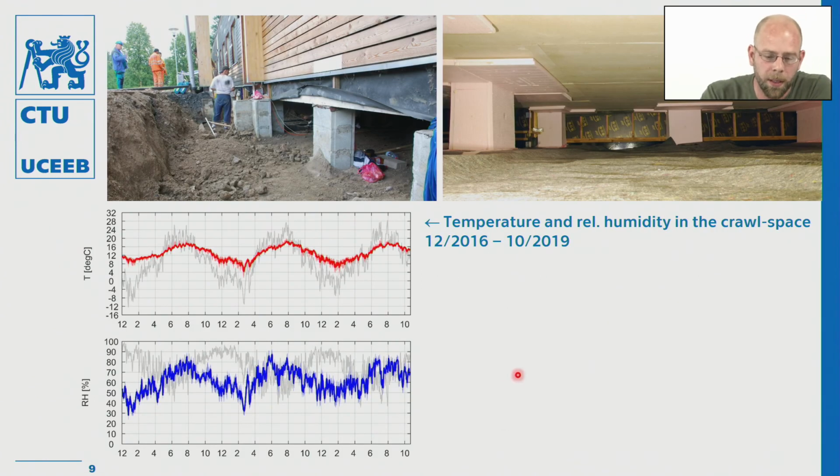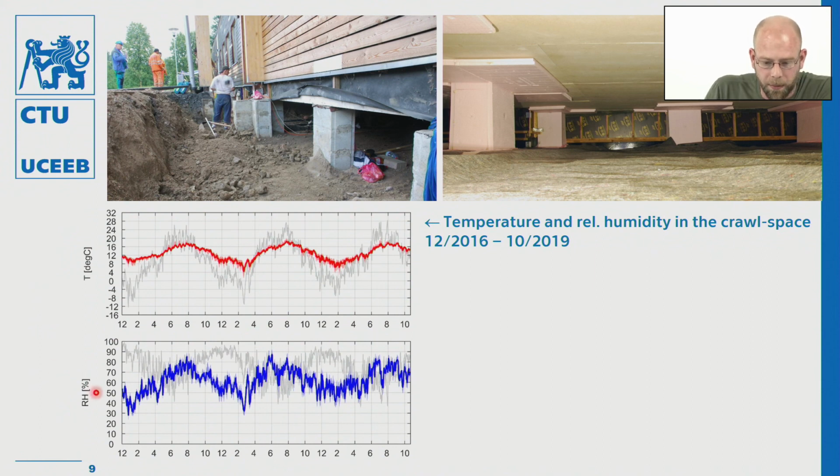And here are two pictures from the works. On the left you can see the excavation of the soil below the floor, and on the right picture the final appearance of the crawl space. The graph here with temperature and relative humidity courses is clear evidence that the measures suggested work very well.